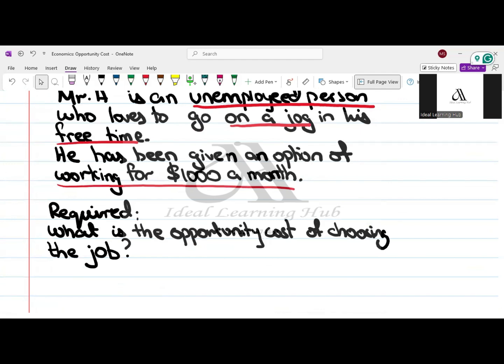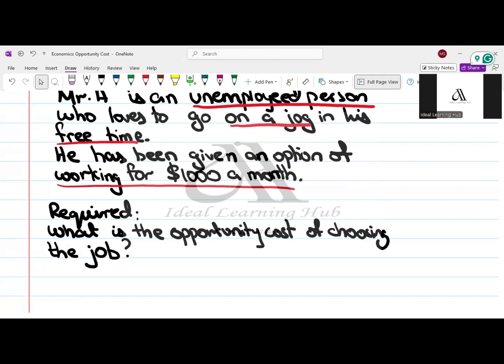Now note that if Mr. A decided to choose the job, then obviously, students, his other best option was going for a jog. The opportunity cost was the second best option, right?